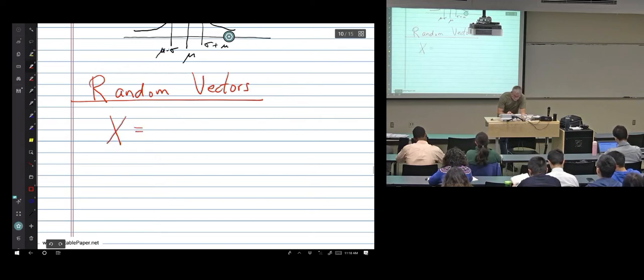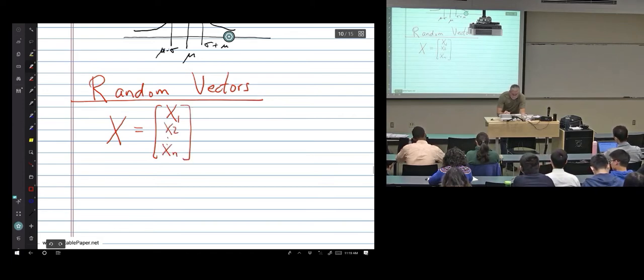So now our x is going to look like this: x1, x2, xn, where xi is a random variable.